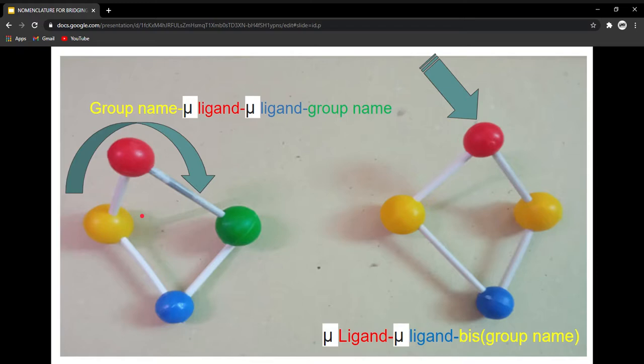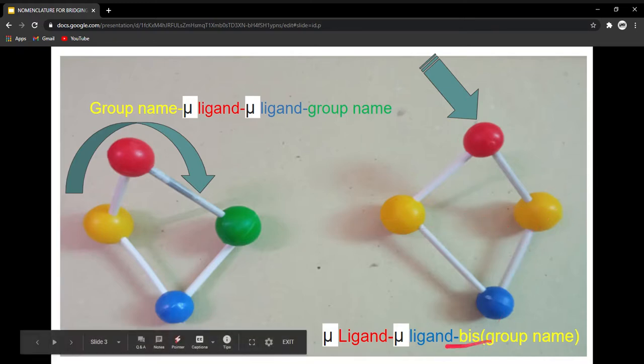Since everything is different, as I said first, whenever you see groups and ligands with different names, just give the nomenclature from left to right, L to R. Coming to the fourth case, the groups attached to the ligands are the same. So for that you are going to give bis right here.